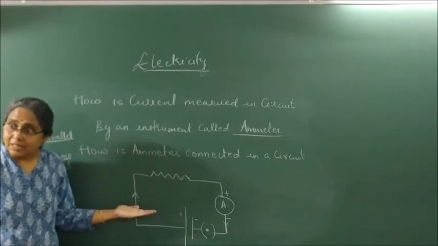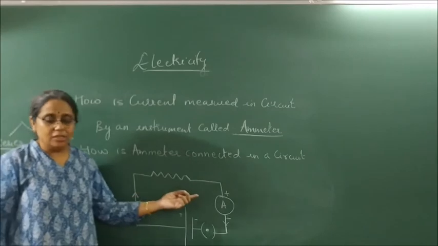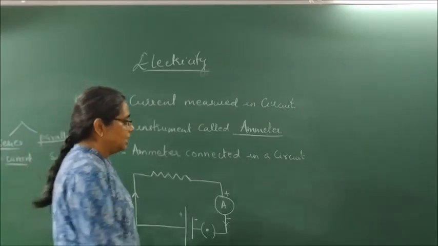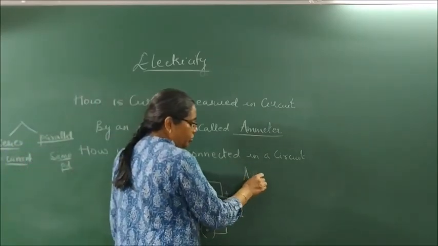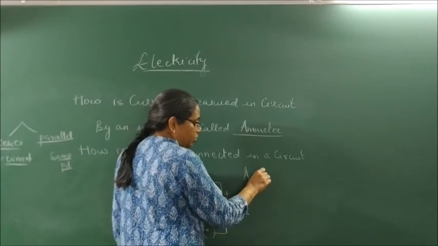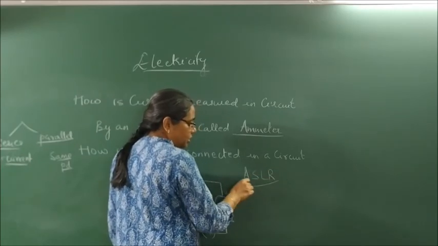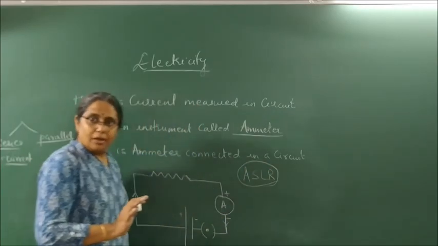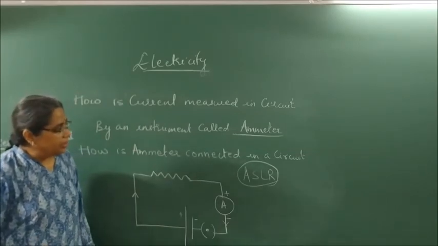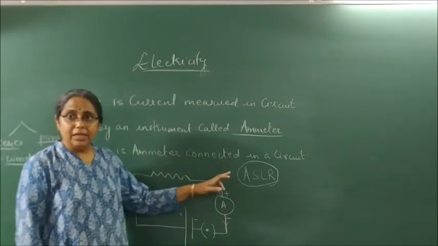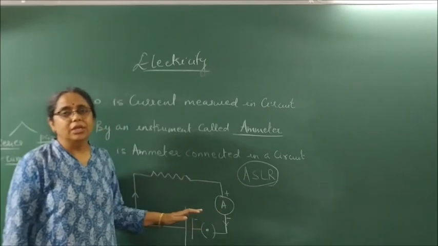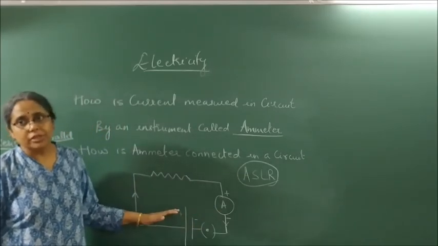It should be less. So the ammeter is always connected in series because it is a device of low resistance.